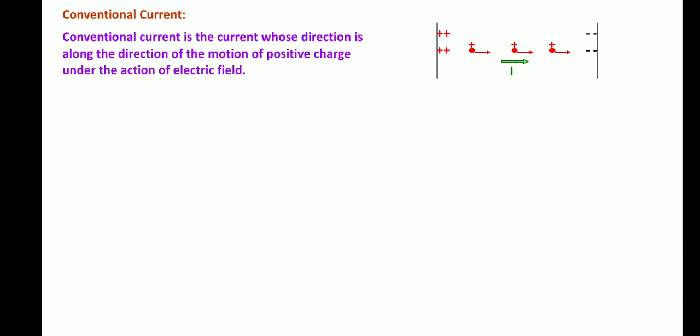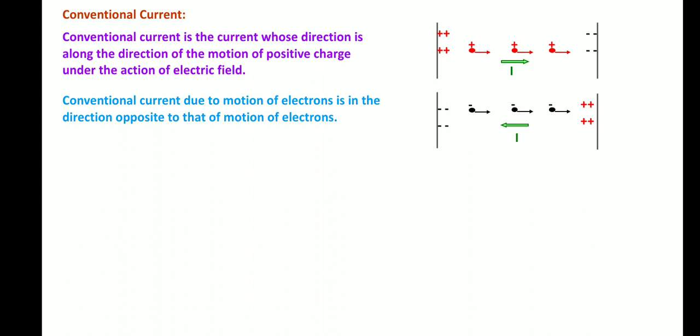It happens only in the electric field. With the absence of the electric field, the charges do not move. Then it is said to be a normal conductor. You won't find a current. In the next case, can only positive charge move? No, the negative charges also can move. But in this case, the direction of the current is reversed.